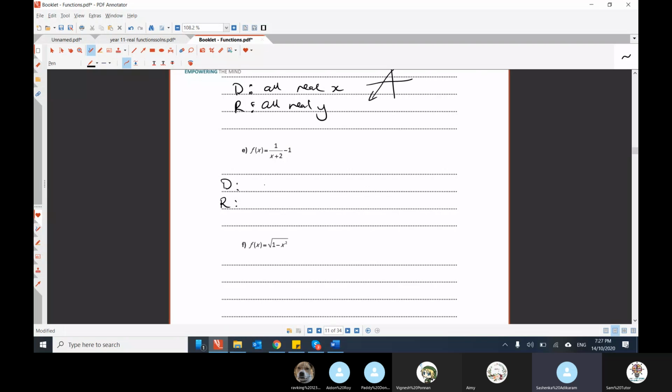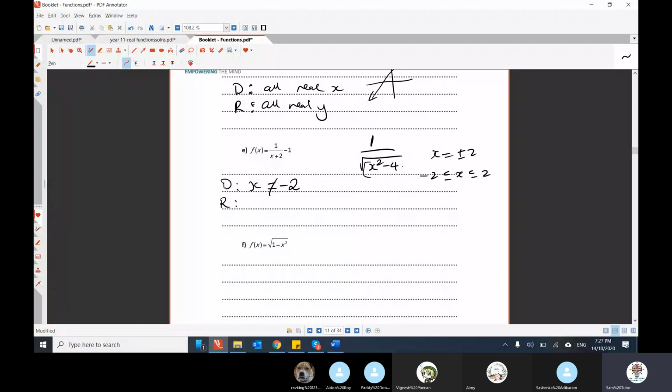Domain: x cannot equal -2. If you guys remember the one we did just before, it wasn't like this, but when we solved for this, we found x is plus or minus 2, and then I wrote what I wrote, so it's between -2 and 2 because of the boundaries.